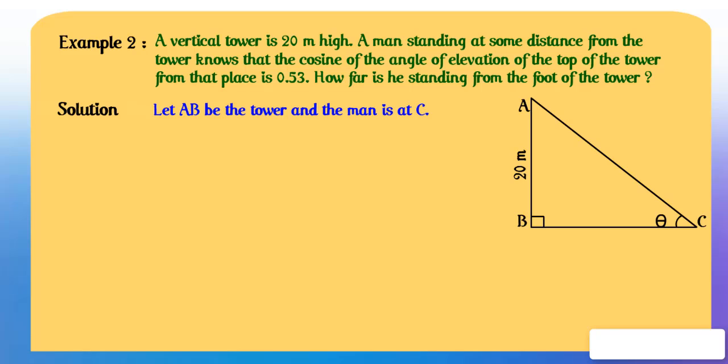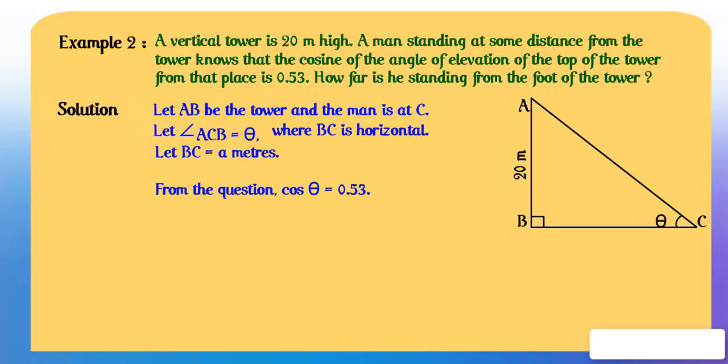Let's solve this. Let AB be the tower and the man is at C. Let angle ACB is equal to theta, where BC is horizontal. Let BC is equal to A meters. From the question, cos theta is equal to 0.53.